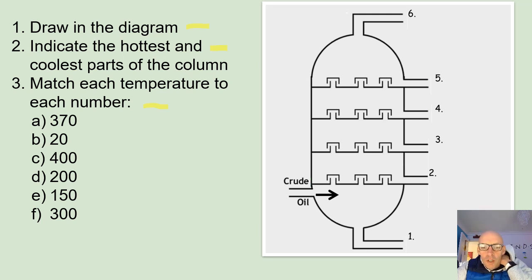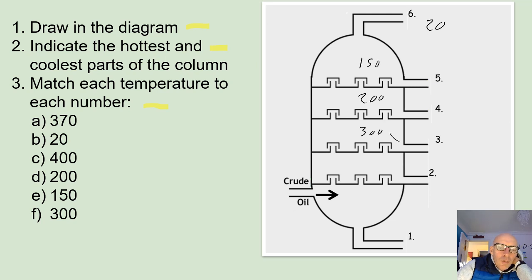Okay, so you should have the diagram drawn out, you should have the temperatures written on, and what should you have written on here? Well, you should have written that up the top here the temperature is 20 degrees, and the next one down would be 150, and the next one 200, and the next one 300. It says to match each temperature to each number, so there's your 300.